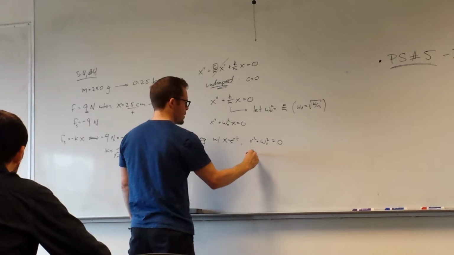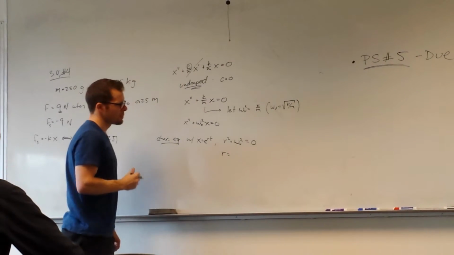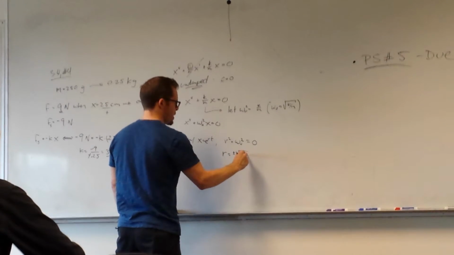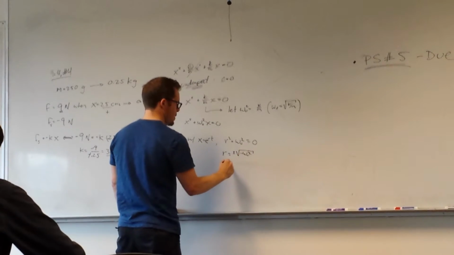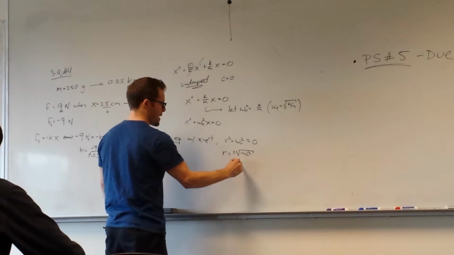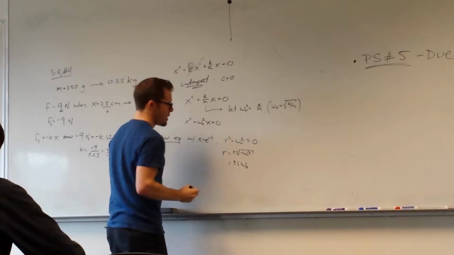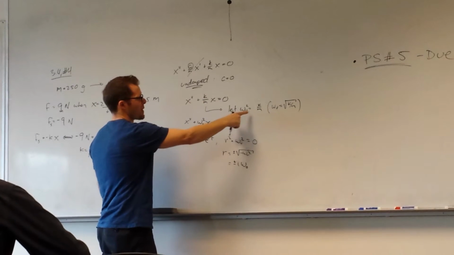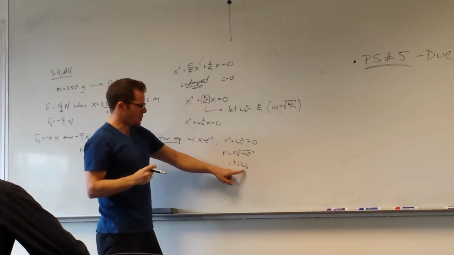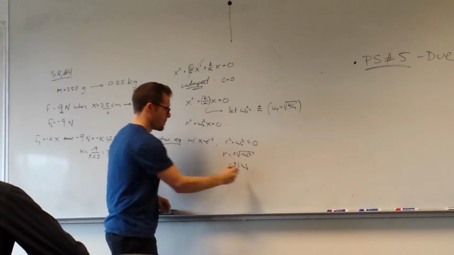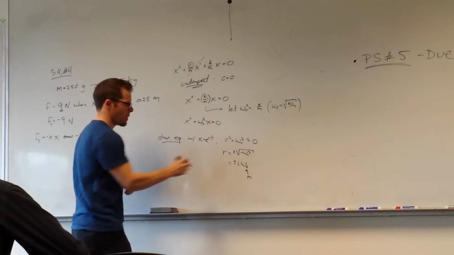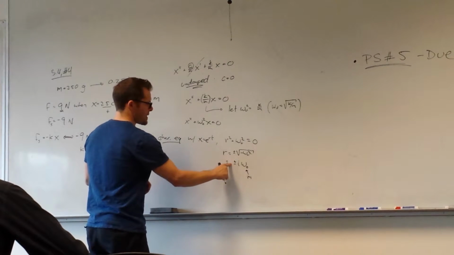So r equals plus or minus the square root of negative omega naught squared. Pull out the negative 1, and that's plus or minus i times omega naught. That's why we let omega naught squared be k over m. Then we get r equals, so this is the imaginary part of this number, omega naught, and we got a 0 here.